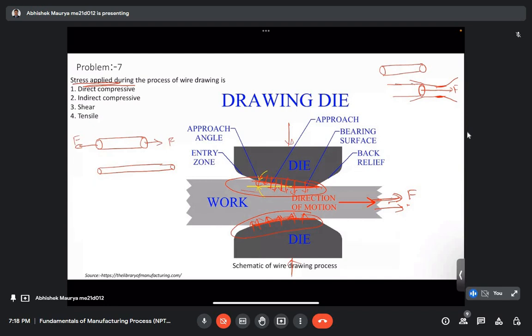We are applying tensile force, but indirectly this tensile force gets converted into the deformation force which is compressive in nature, and that is applied with the help of the geometry of the die. So the correct answer for this question will be tensile. We are applying tensile force and compressive forces are being generated indirectly. Therefore the correct answer will be tensile stress.